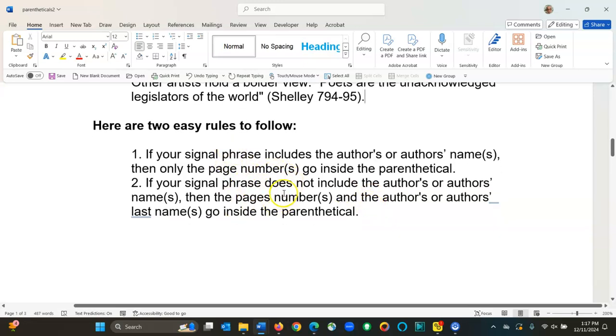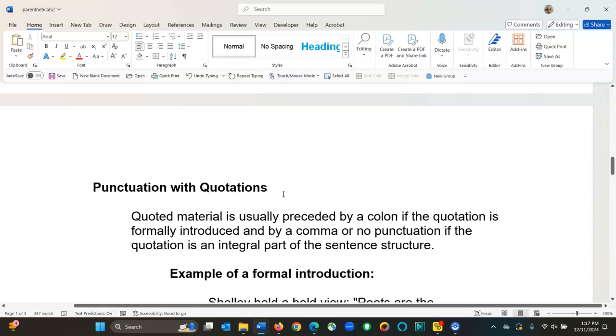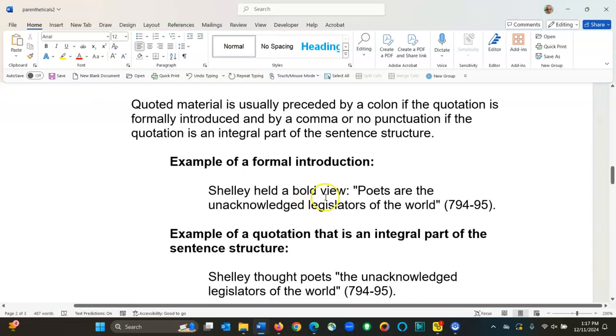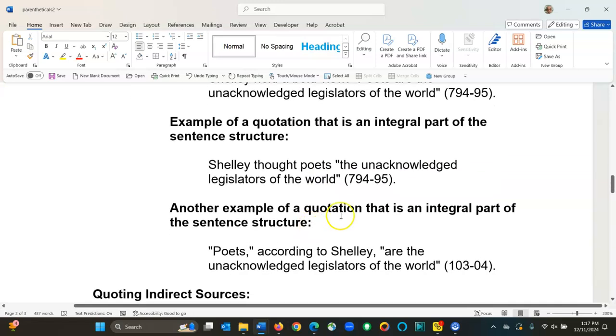And that's basically what's said here. Punctuation with quotations: as I said, if it's an entire, complete sentence that would stand on its own before the quotation, then we use a colon. Sometimes you might integrate the quotation into your own wording: Shelley thought poets the unacknowledged legislators of the world.